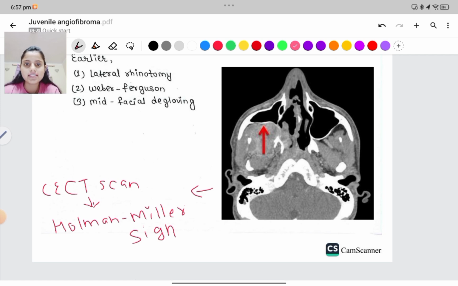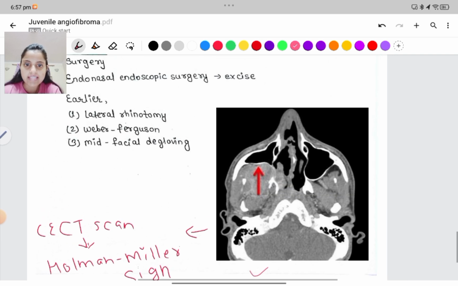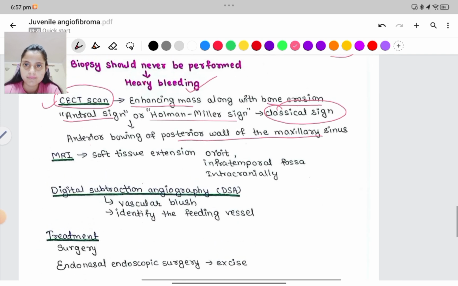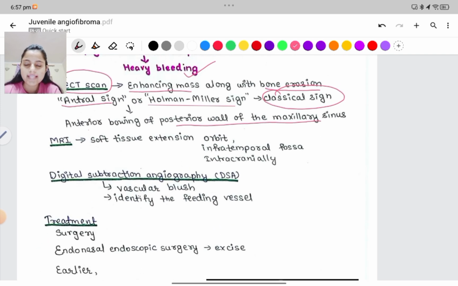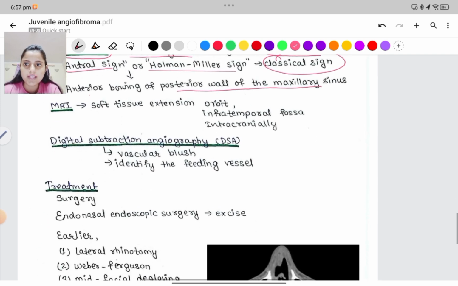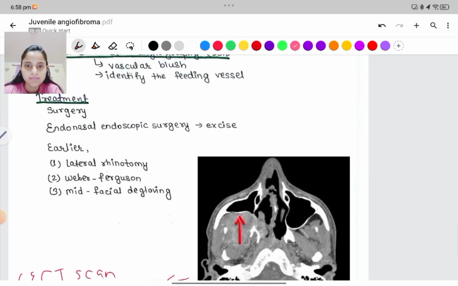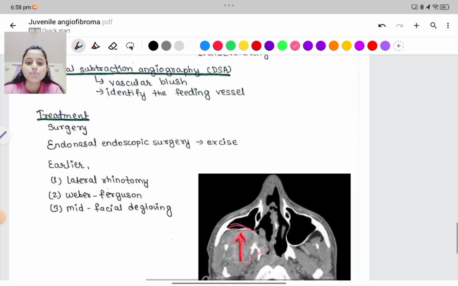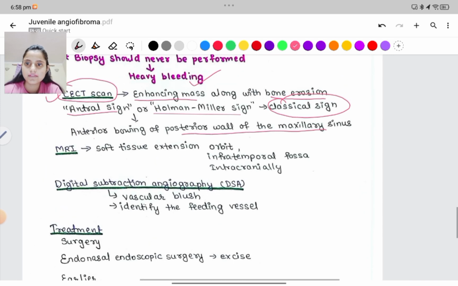Here we can see the CT scan. Here we can see the anterior bowing of the maxillary sinus. It is called the Holman-Miller sign. The tumor is spreading and causing anterior bowing of the posterior wall of the maxillary sinus.